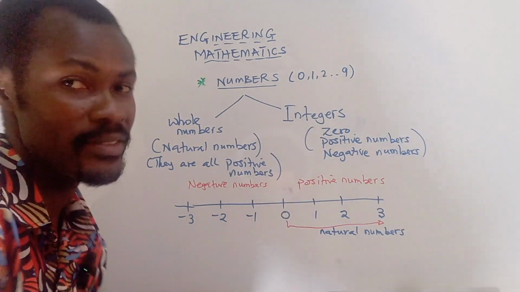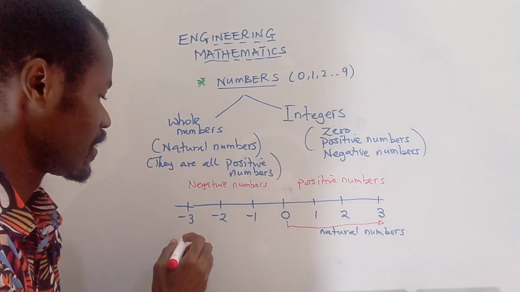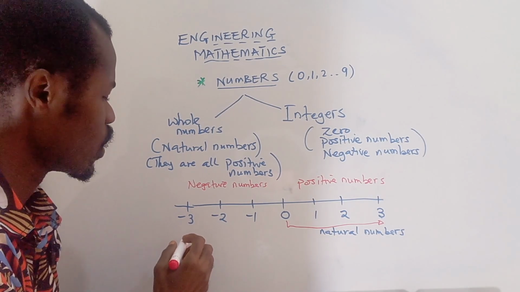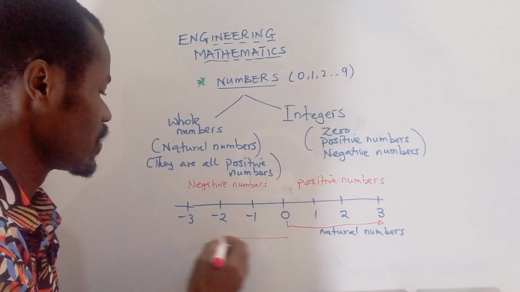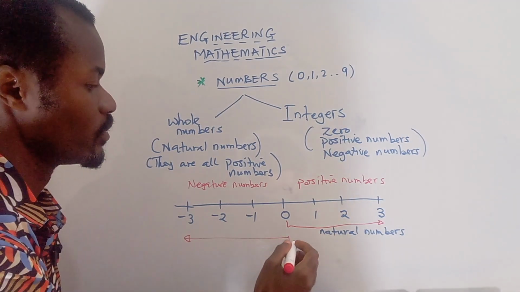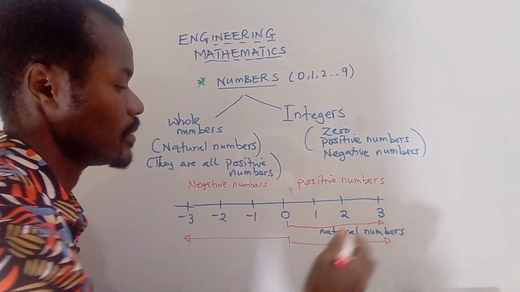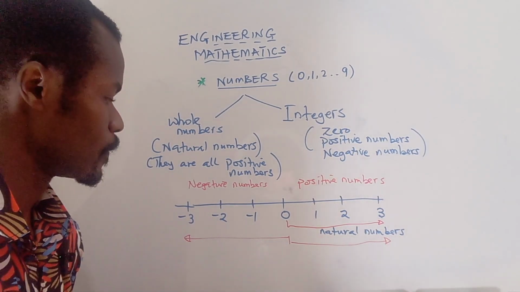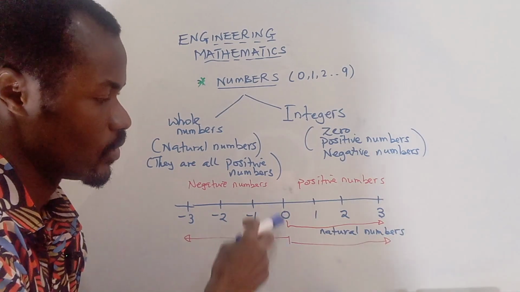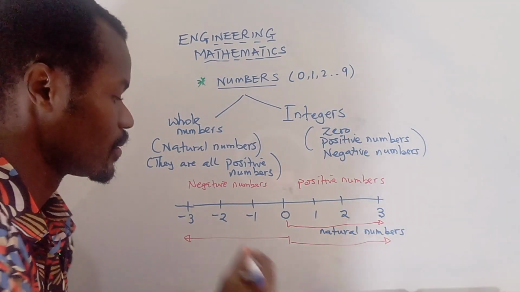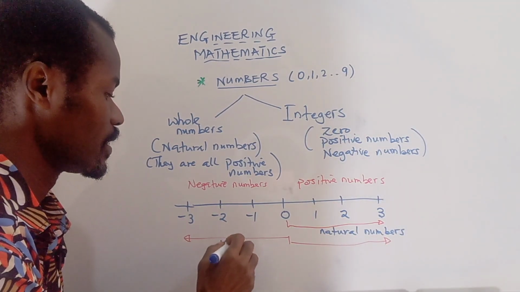Now the question is, what about the integers? Integers include from 0 down to the left and from 0 down to the right. So whether negative numbers or 0 or positive numbers, they are all called integers.